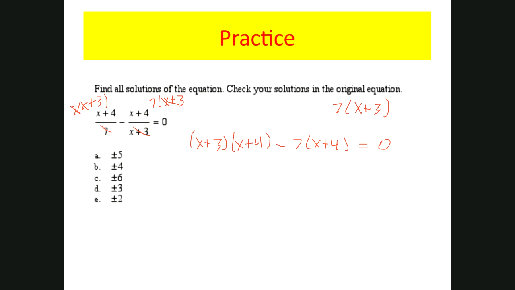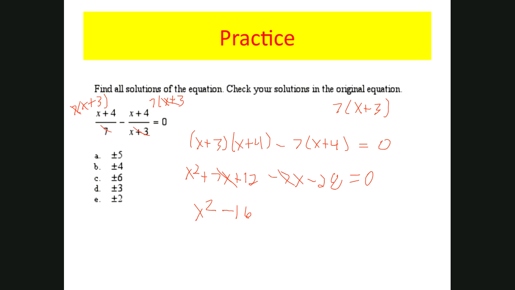I'm going to do FOIL here, so that gives me x squared plus 7x plus 12 minus 7x minus 28 is equal to 0. I'm going to combine like terms, so I've got x squared. Oh, the 7x's are going to cross out. I like that. And then that gives me what? Negative 16?